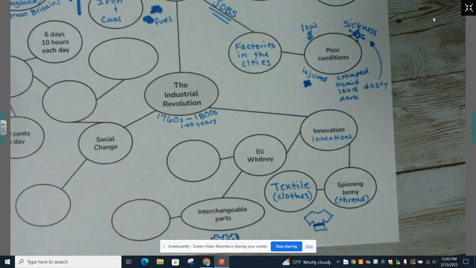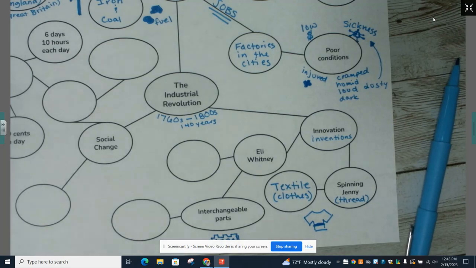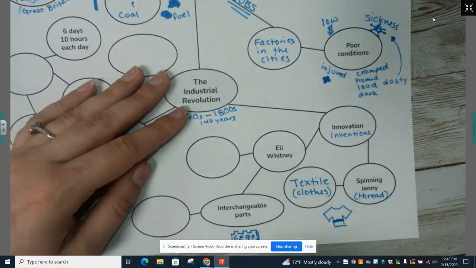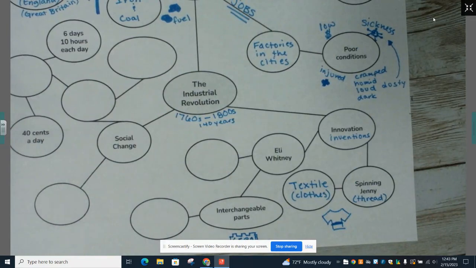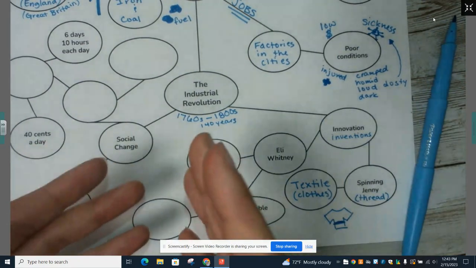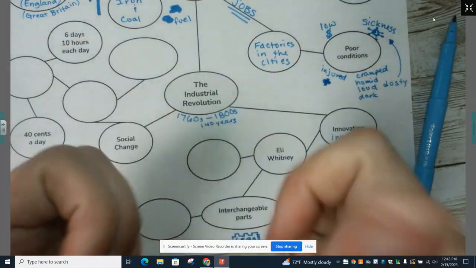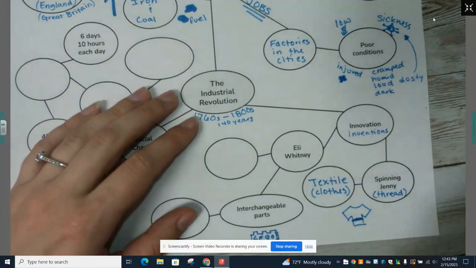And this was very key, especially for machines, because machines would break all the time. But the problem is that if a machine broke, then that meant that they had to toss the whole machine. Well, with interchangeable parts, all they had to do was go in, find the broken part, pull it out, and then they could put in a new part that was pretty much good to go.